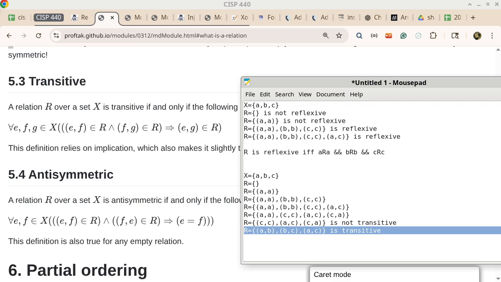Not anti-symmetric, that is correct. Yep. All right. Are we addressing your question?